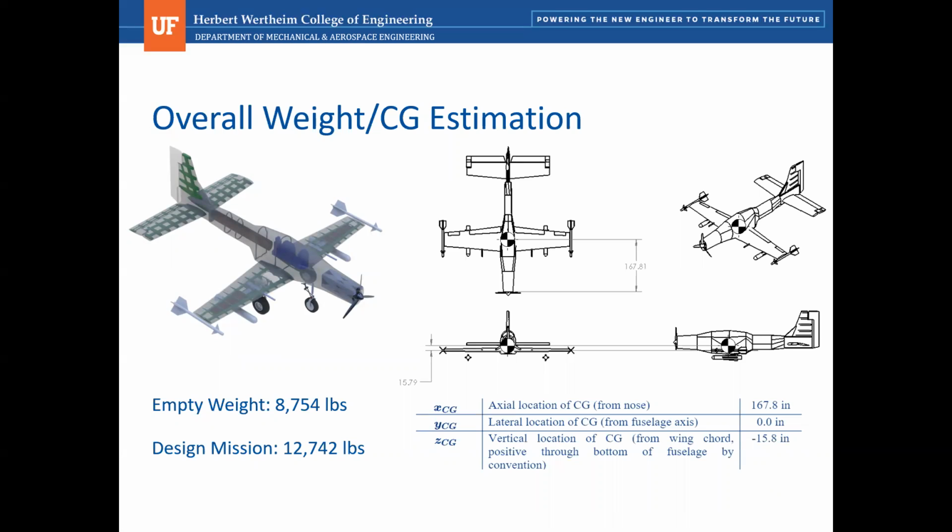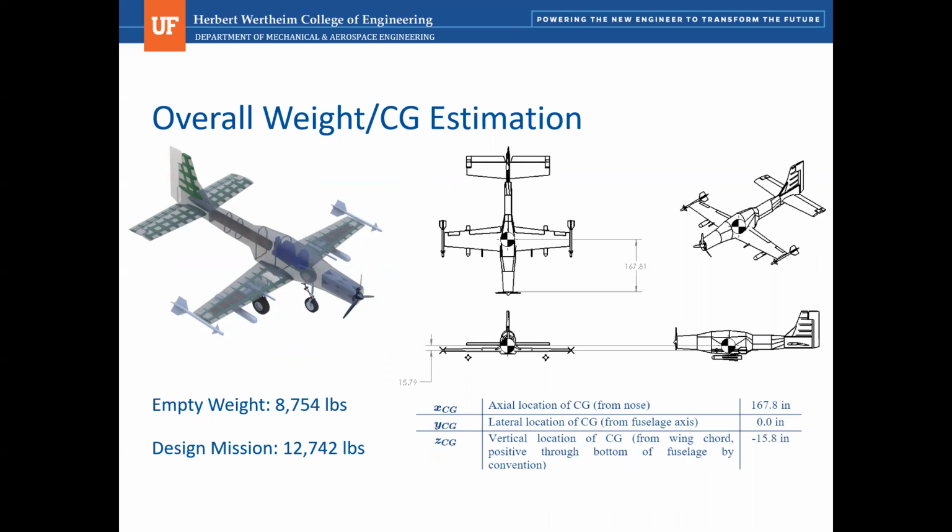After plugging these into our SolidWorks model, again changing the density of the cruise station to encompass the total weight of all of our subsystems, we found an empty weight of approximately 8,754 pounds, subtracting fuel and, of course, weapon systems. For our design mission, total loaded weight is around 12,742 pounds.